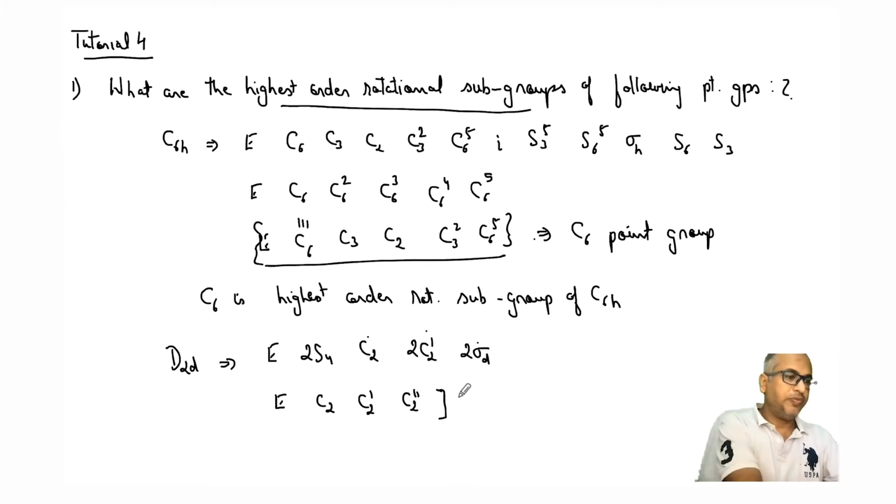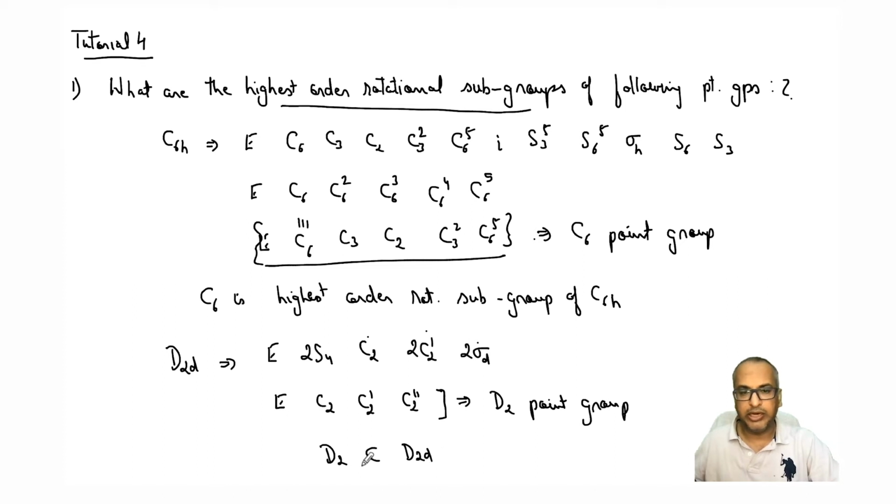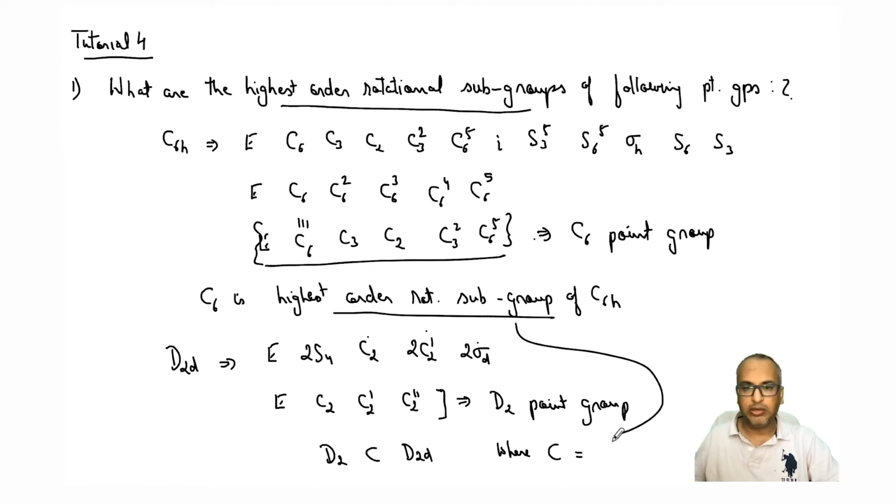So we can say that this belongs to the D2 point group, and thus this is the highest order rotational subgroup of D2d. So D2 is the highest order rotational subgroup of D2d, right? So I'm just saying D2 is a subset of D2d, where subset means the highest order rotational subgroup. Okay.